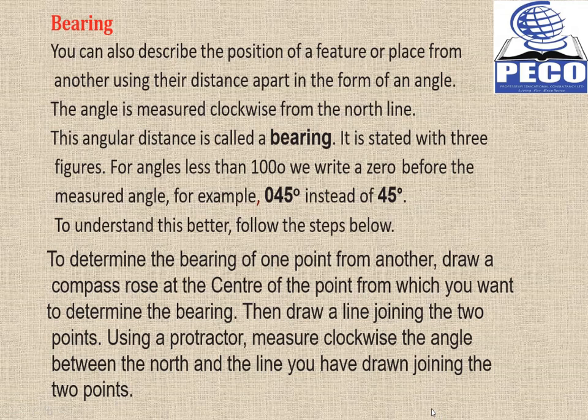So if you are finding the bearing of A from B, we are going to draw compass rose at A, compass rose at B, and then we join the 2 with a straight line. Then at B, from the north, we measure using a protractor clockwise until we come to the line connecting to point A.